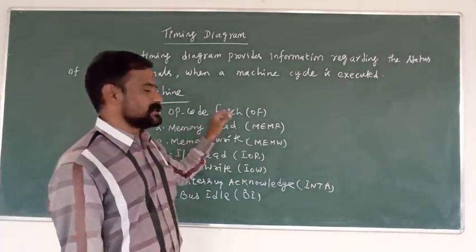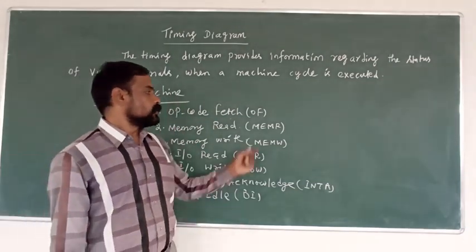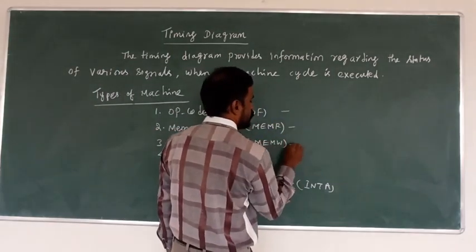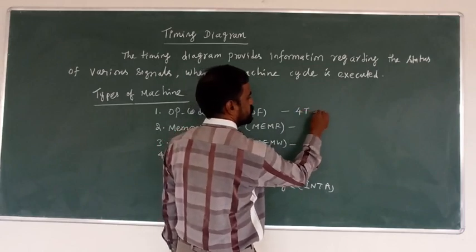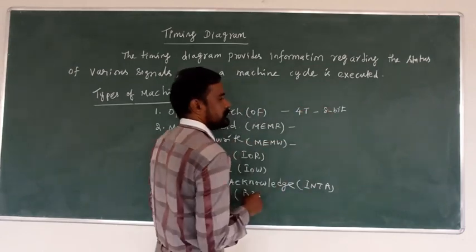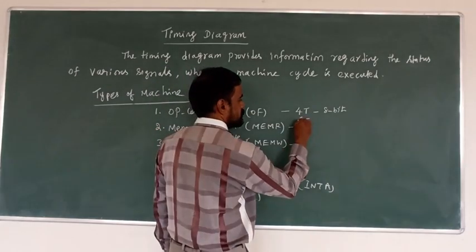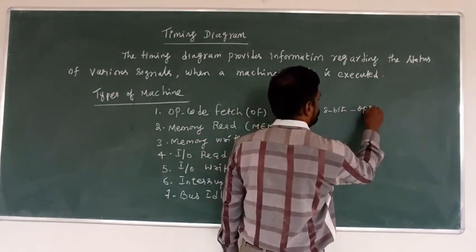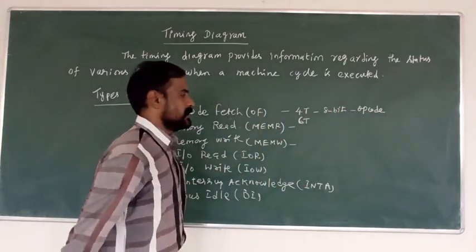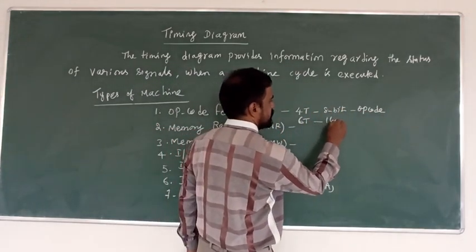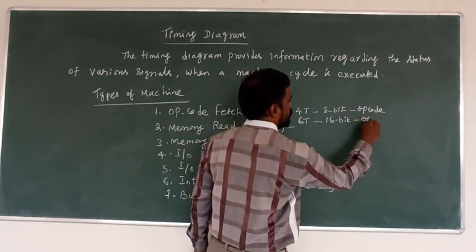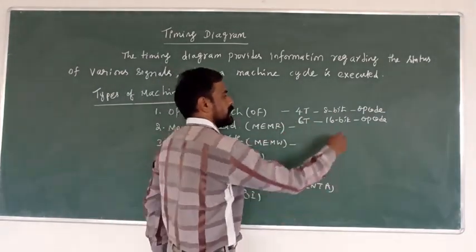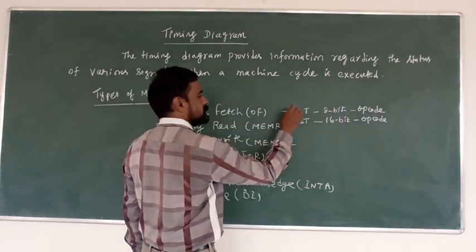First one, opcode fetch, OF. An opcode related to 8-bit requires 4 T states, and an opcode related to 16-bit requires 6 T states.